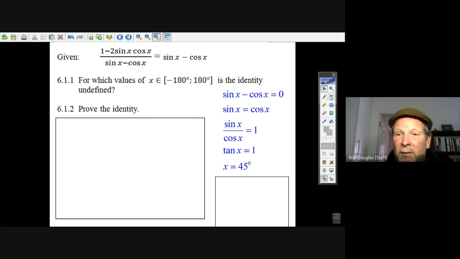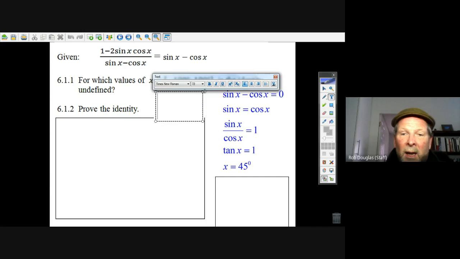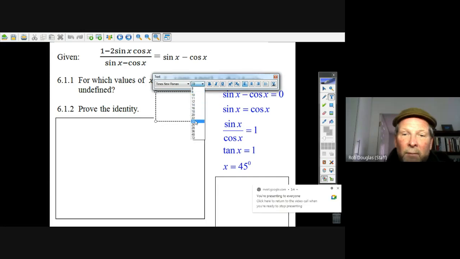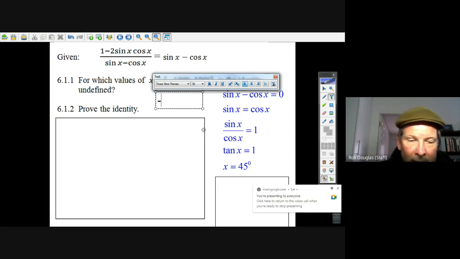One that I missed, and I see it now, is that I could subtract 180 degrees from this: 45 minus 180 is going to give me negative 135 degrees. So there's your other solution.